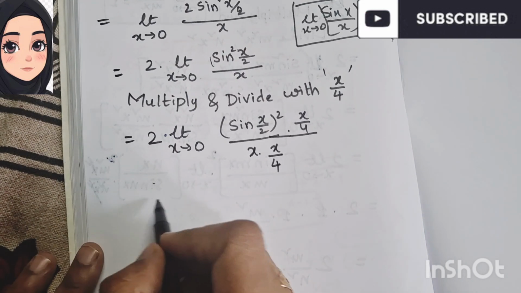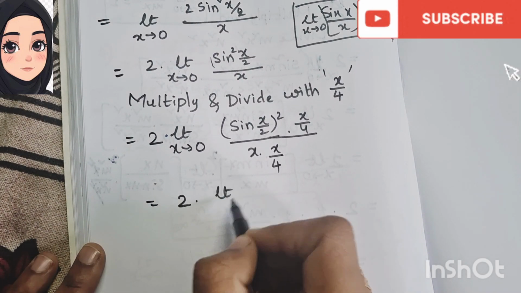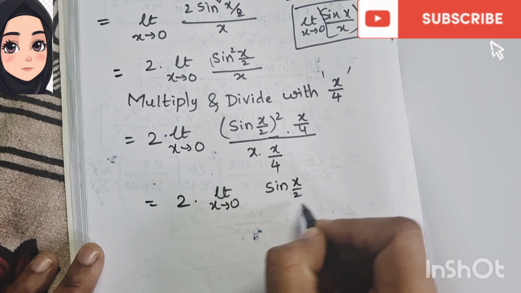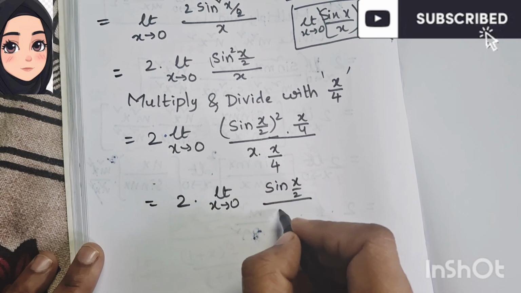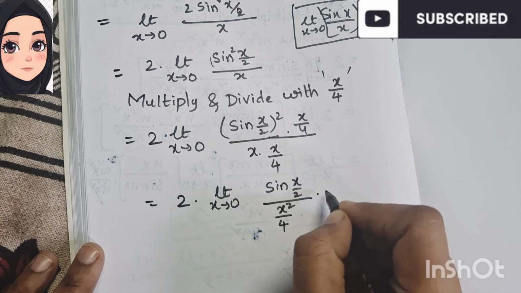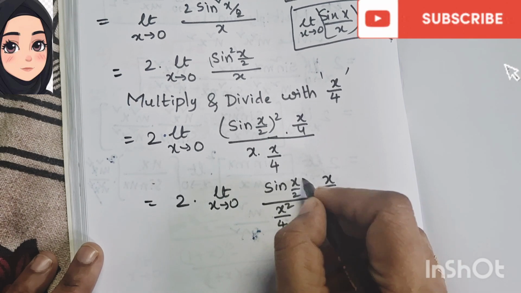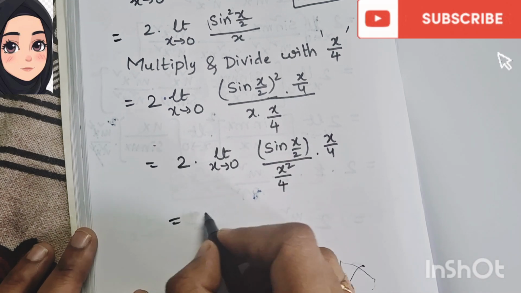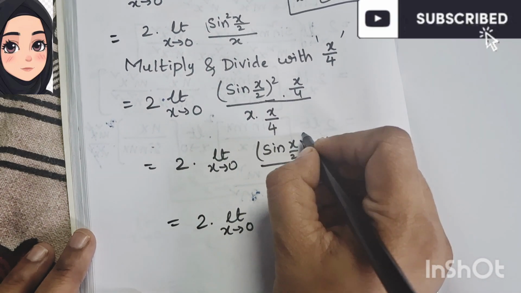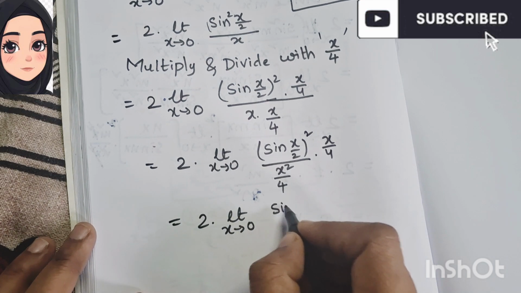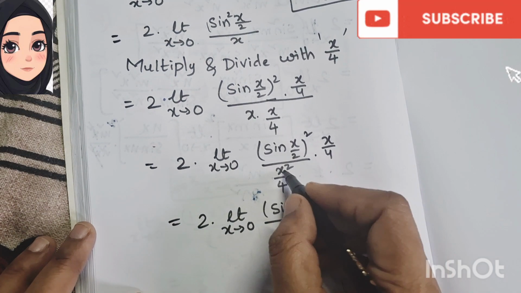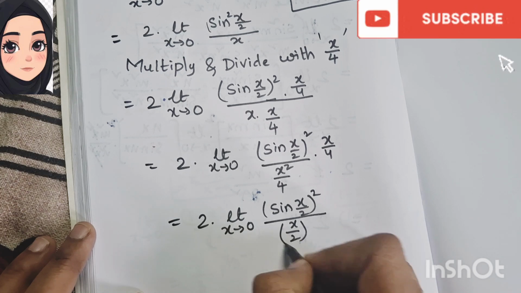Okay, now 2 into limit x tends to 0, sine x by 2 by this becomes x square by 4 into x by 4. Now 2 into limit x tends to 0, sine x by 2 whole square by this can be written as x by 2 whole square.